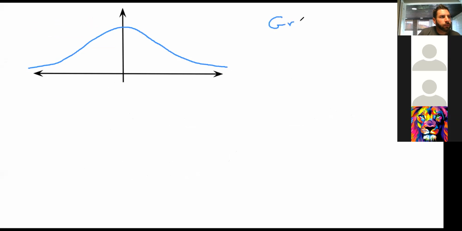If I briefly sketch what the graph looks like, it looks like this. The graph is what's called a bell curve, which you've probably heard that term or phrase before.